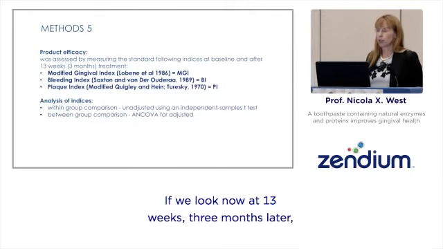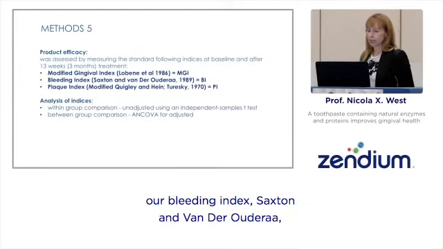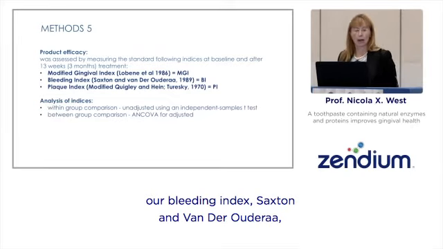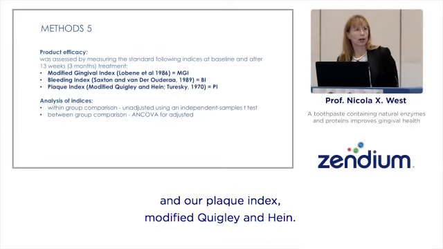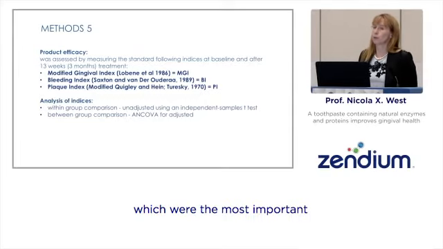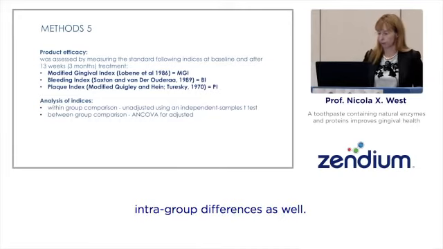If we look now at 13 weeks, 3 months later, we did a modified gingival index, our Lobene again, our bleeding index, Saxton and van der Ouderaa, and our plaque index, modified Quigley and Hein. And we looked at intergroup differences, which are of course the most important, but we also looked at intragroup differences as well.